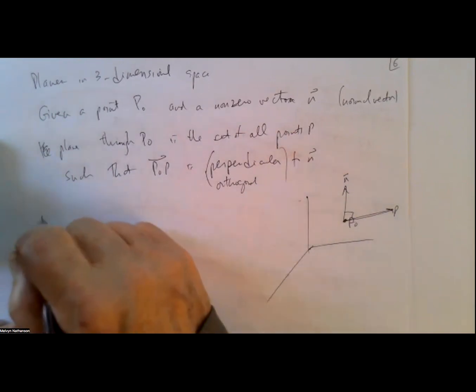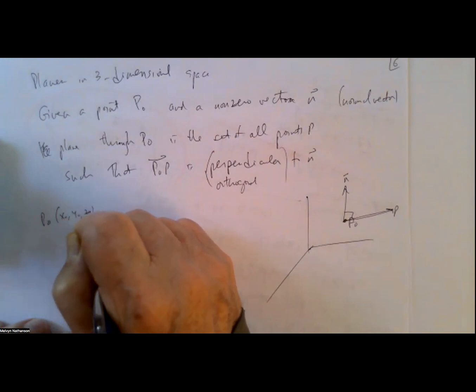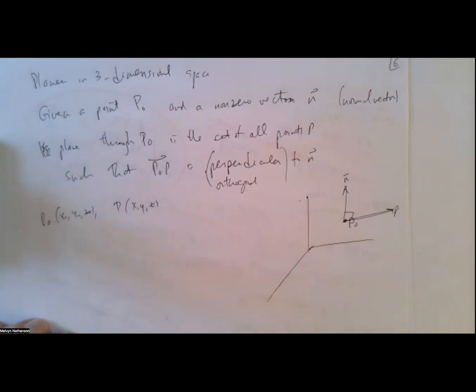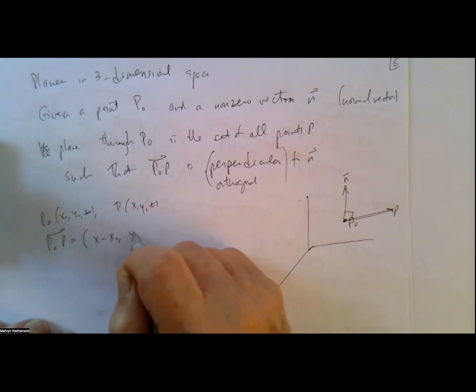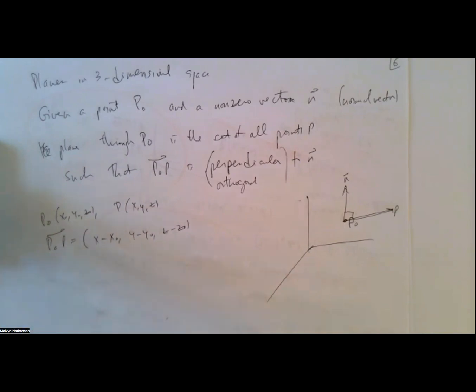So if P naught has coordinates x naught, y naught, and z naught, and P has coordinates x, y, and z, the vector from P naught to P has coordinates x minus x naught, y minus y naught, z minus z naught.